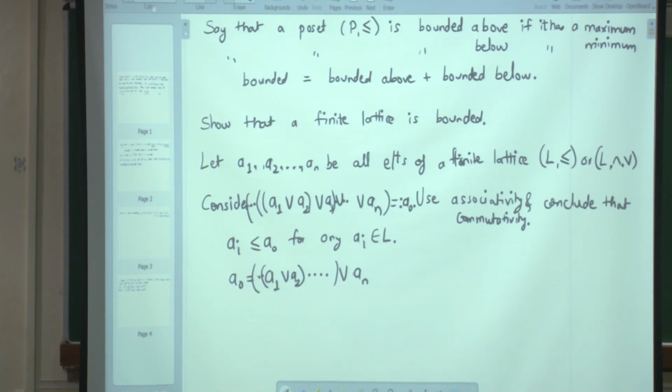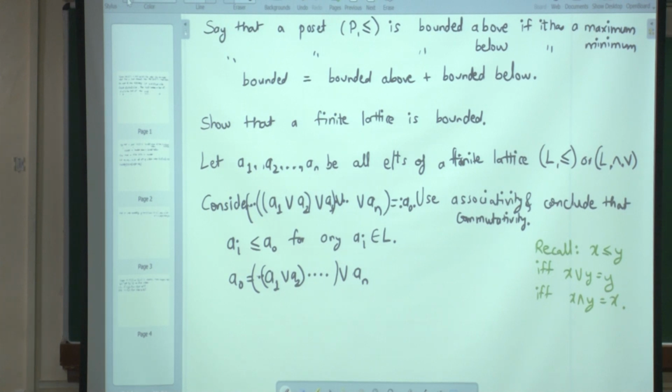Recall, x less equal y if and only if x join y is y, if and only if x meet y is equal to x. So we know this.